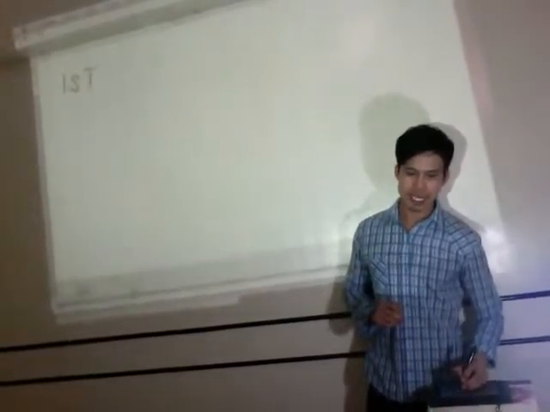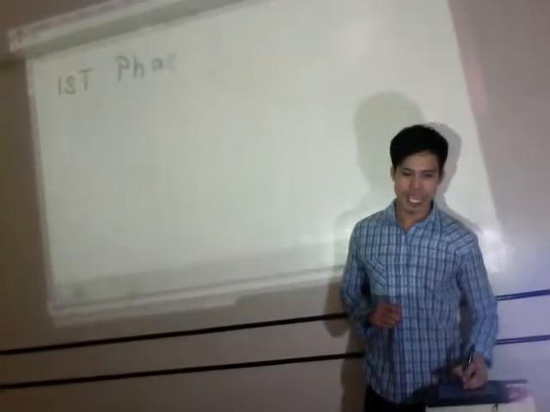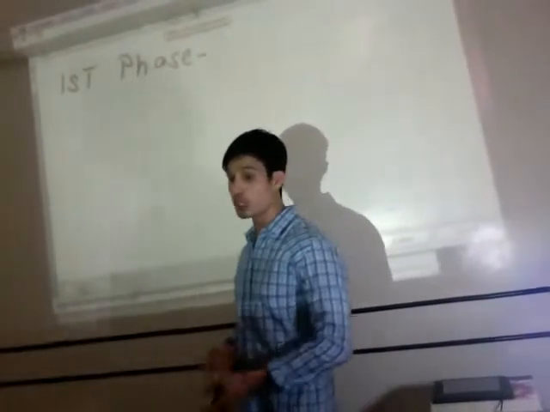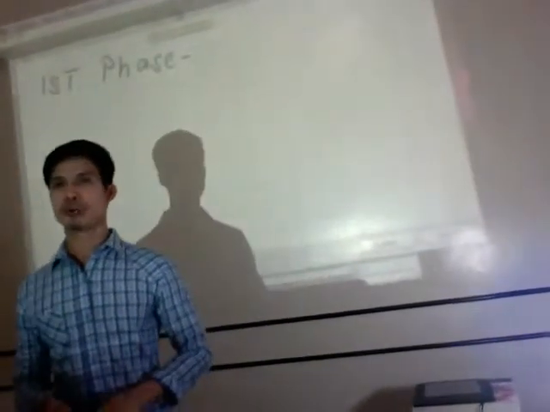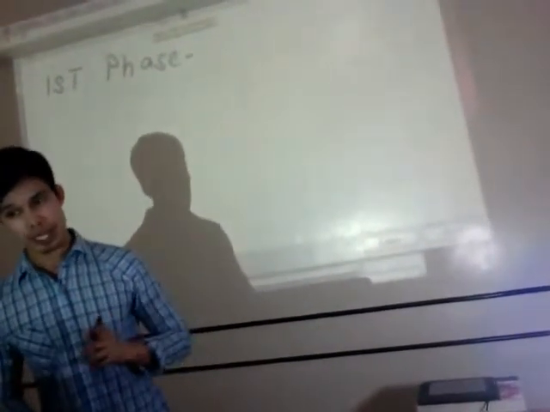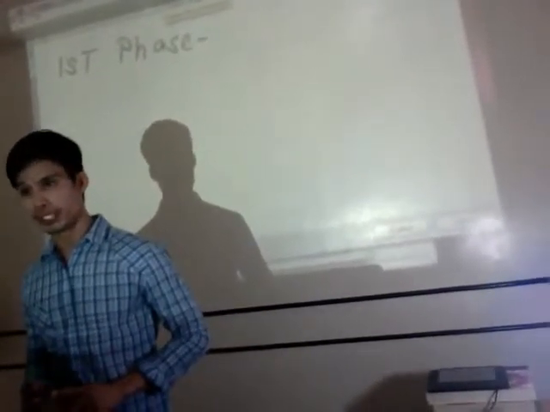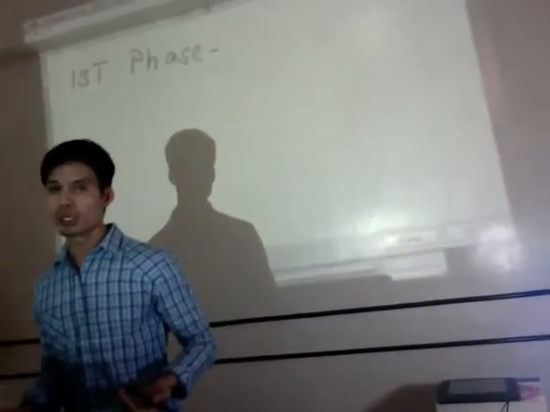The first phase of burn injury is expected for the first 48 hours. You can call the first phase of burn injury the oliguric phase. You can call this also the burn shock phase, or maybe the emergent phase of burn injury. Why is that so?